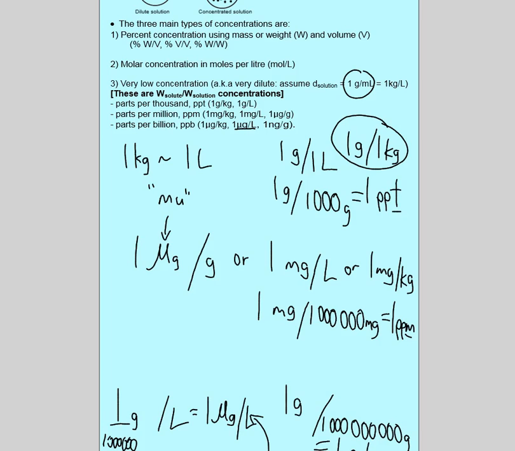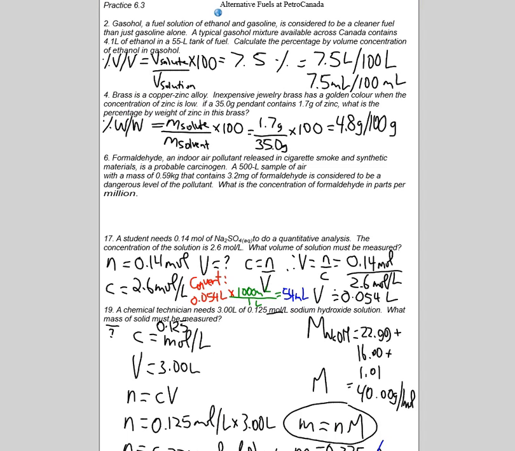Now, because this is going to be new, let's work through these concentration questions together. In number 6, we're looking at trying to determine the concentration of formaldehyde in parts per million. So we know what we're trying to come up with is a ppm, but what does that really mean?